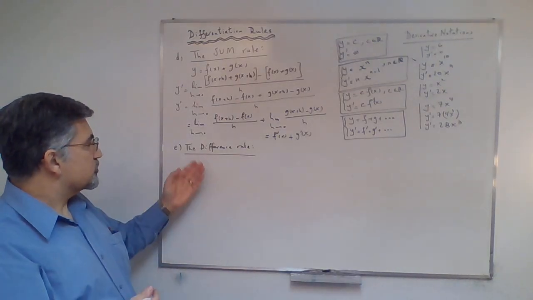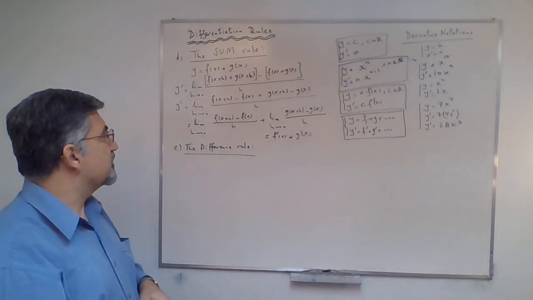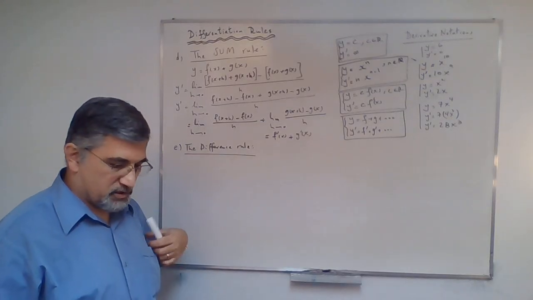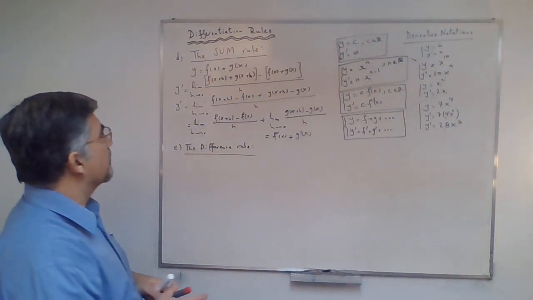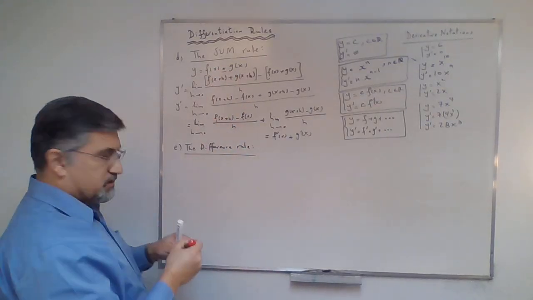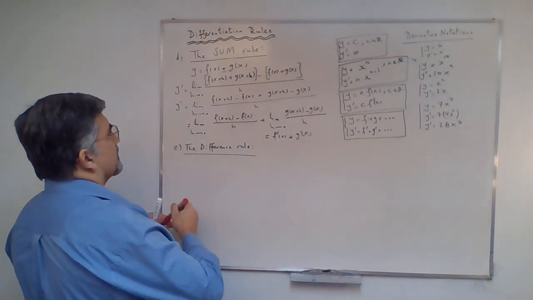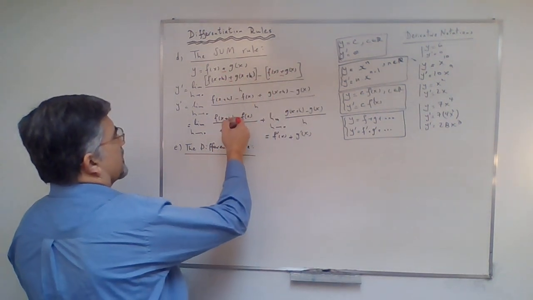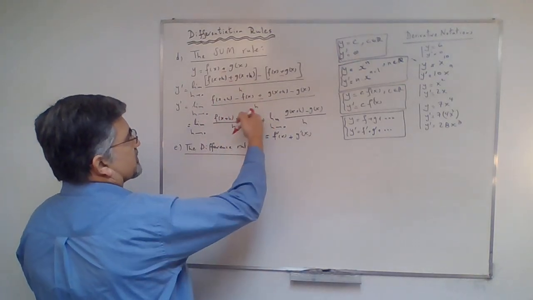The story of the difference rule is not very different from the sum rule. Basically, it's the same thing, except that instead of addition, we just have to subtract the two functions. So perhaps I can fix this. I can say this is minus instead of plus. We have a difference of two functions, and then this would be difference, this would be difference, and then this would be minus, and this minus would not change.